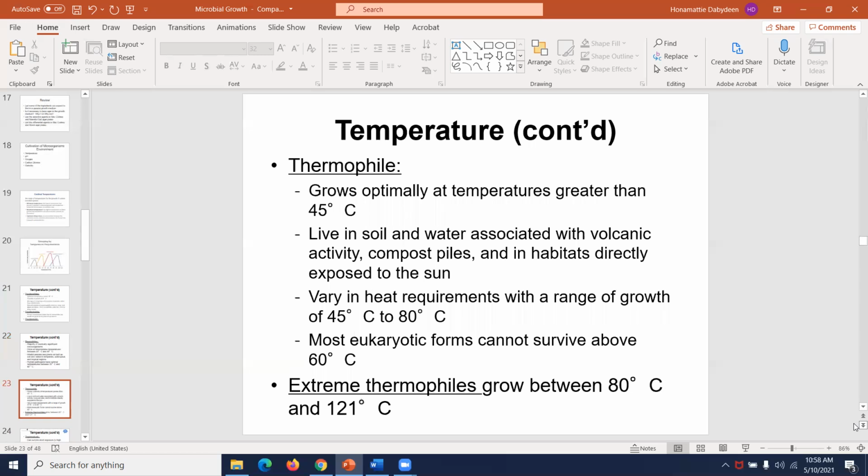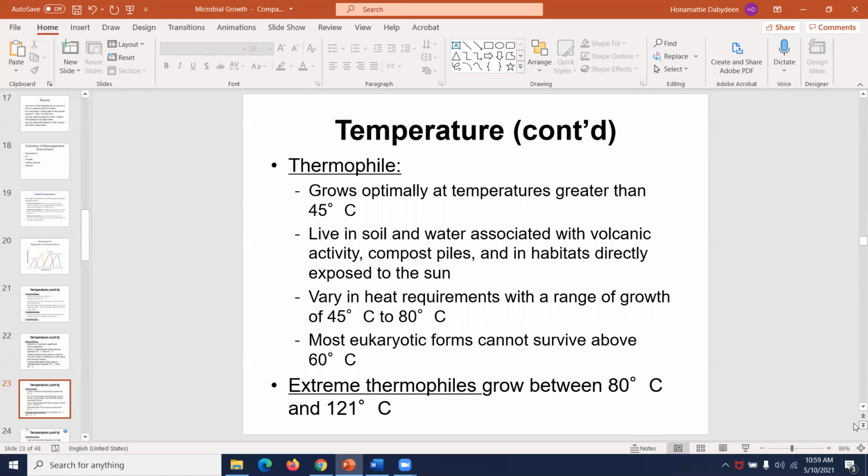Now, thermophile, the names will tell you what they are. Phile meaning like, thermo, heat. And these organisms grow optimally, meaning best, at over 45. I give you some natural habitats there. A lot of times you find them in compost piles.